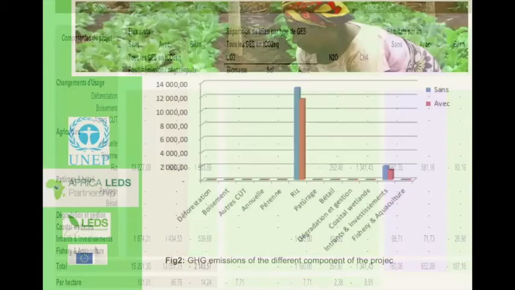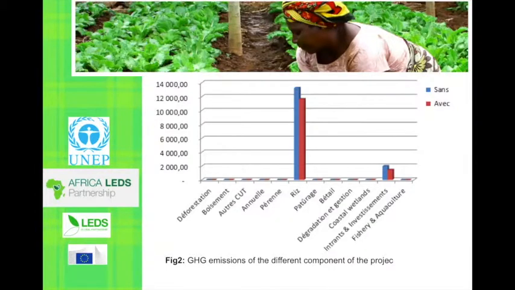So next slide. This plot confirms the result I mentioned: in the business as usual scenario, in blue, the emission is higher than when you use smart agriculture, and when you use a biofertilizer, we have the same result.